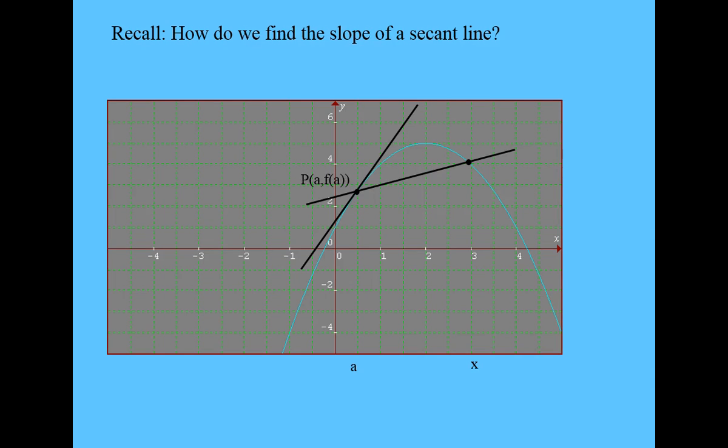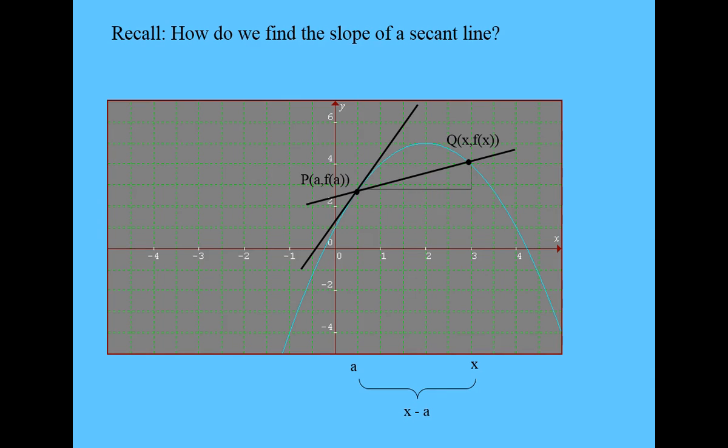Let's label some points. First point we have is a, f of a. Second point would be x, f of x. This distance would be x minus a. That's our change in our x value.